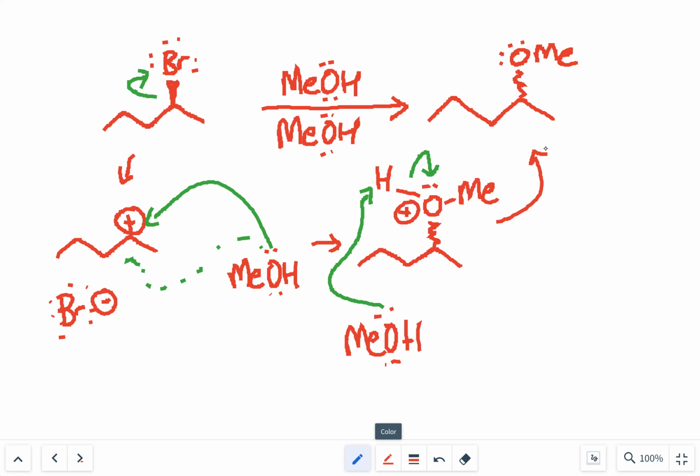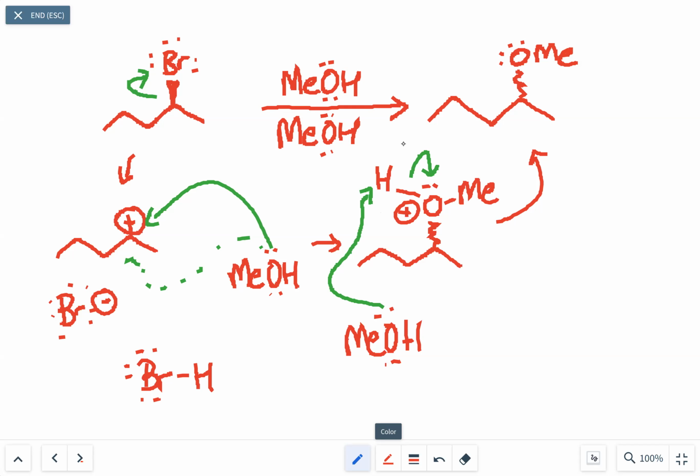The second reason is that if you were to use bromide, you would form HBr. And what do we know about HBr? It's a super strong acid. So this would immediately get deprotonated by methanol anyways. So we're going to use methanol to deprotonate that.